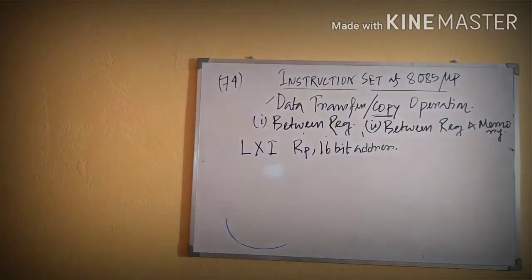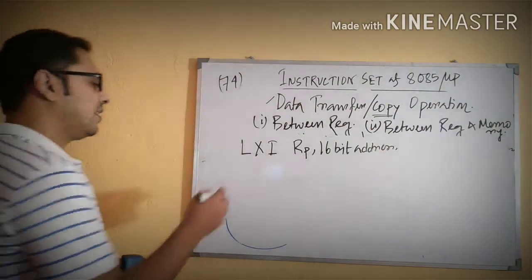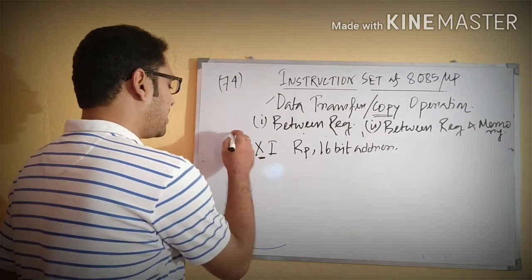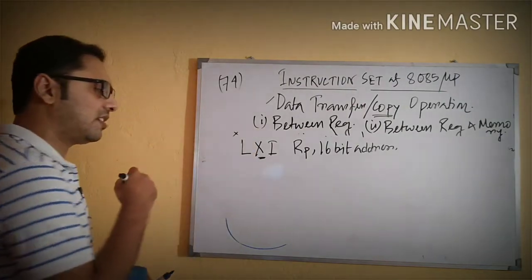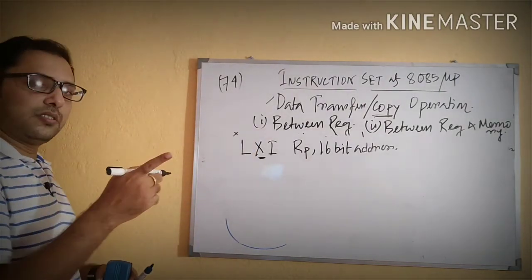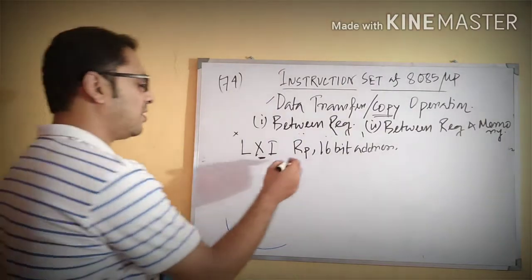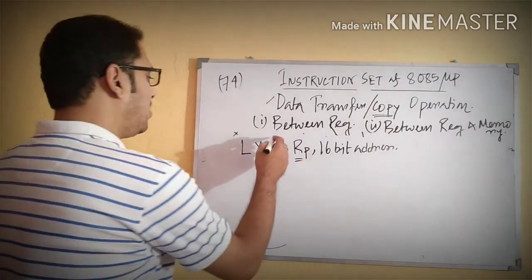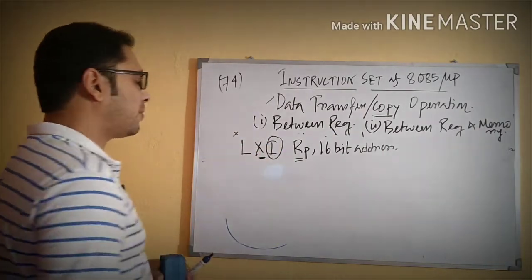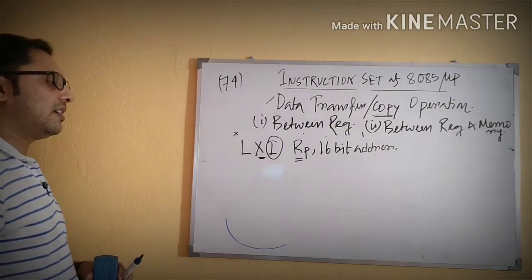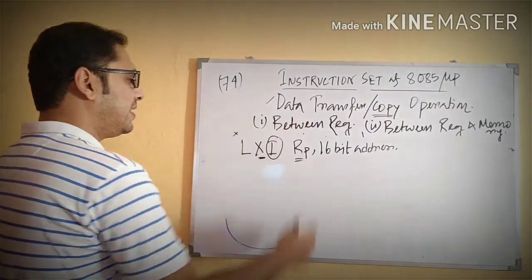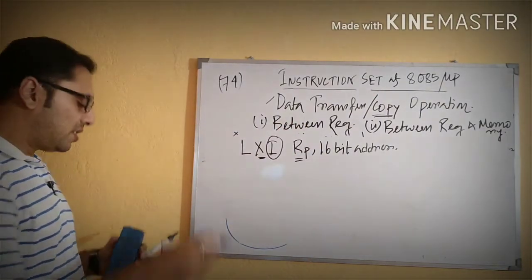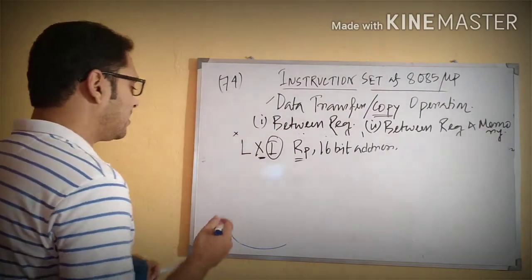I have already said, if an instruction has X anywhere except the starting letter, then X indicates a register pair, so the operand is a register pair. If we have I anywhere within the opcode, then it represents immediate data.